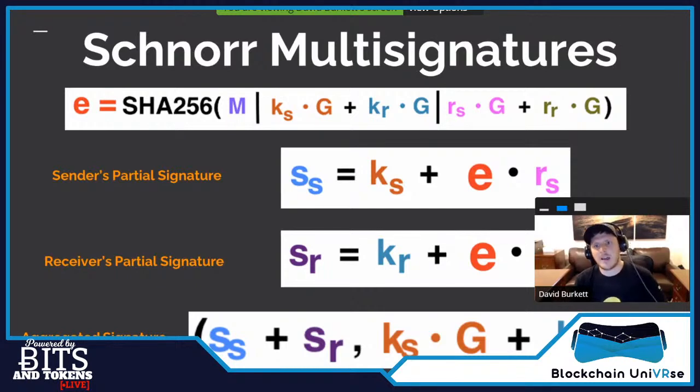So you don't need, like in Bitcoin, where if you want a multi-sig address, you have to have a signature on chain for each individual address in that. Maybe it's a 2 of 3, a 3 of 5, or a 5 of 5 address. Each one of those addresses would need a signature on chain. It scales pretty badly. But with Schnorr, they can work together and build just one single signature.